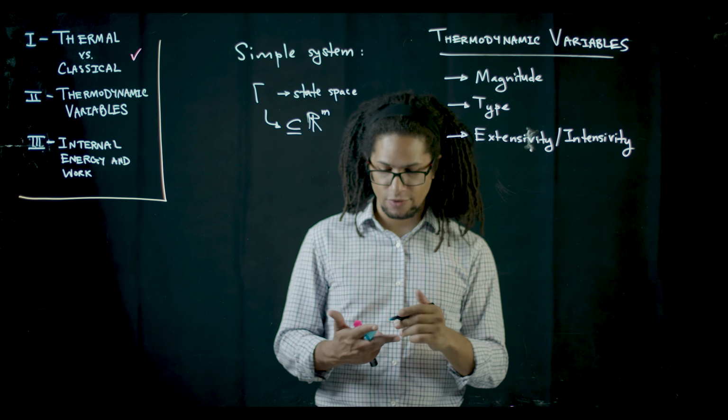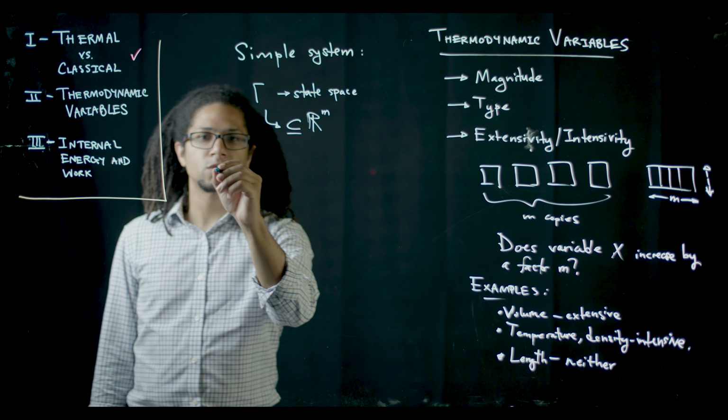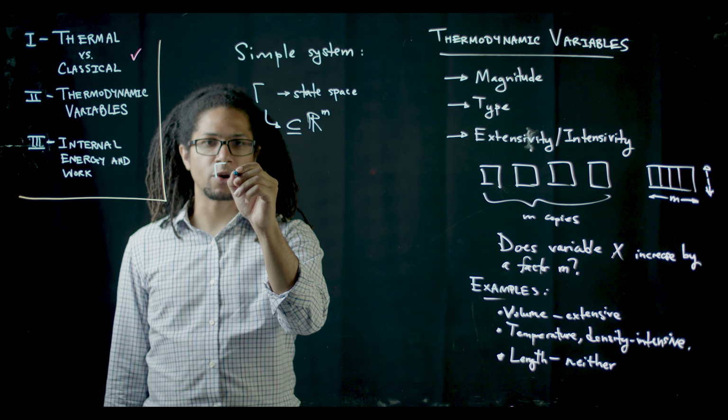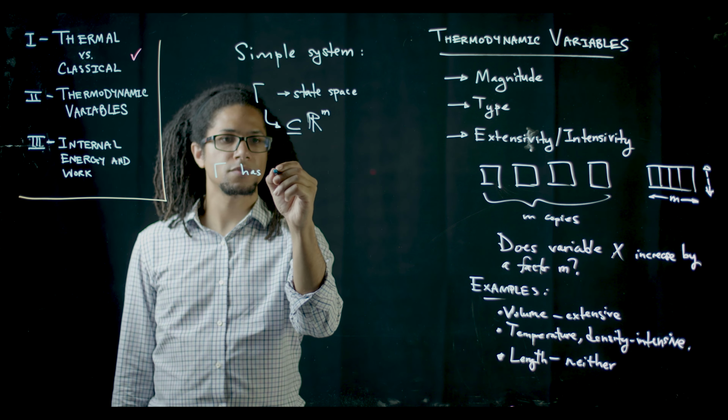And now we're ready to come back to our simple system and try to say what this state space looks like. So the state space always has m parameters, because again, this was R^M. And one of those parameters, I should say at least one of those parameters, always has type energy.